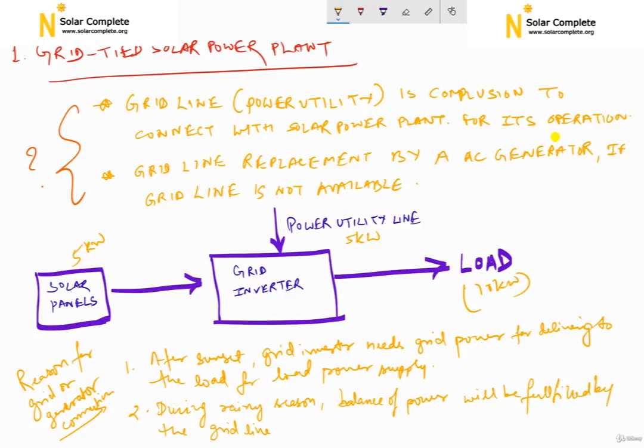Now let's suppose the grid utility is not there, then you can instead connect a generator.